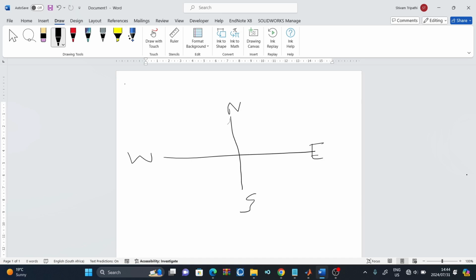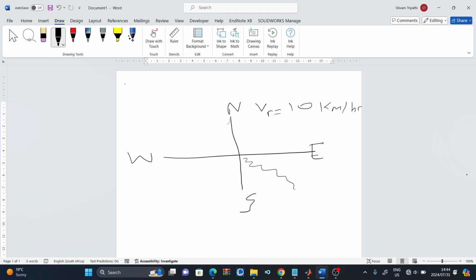They say a river is flowing in this direction, southwest. The velocity of the river is 10 kilometers an hour.